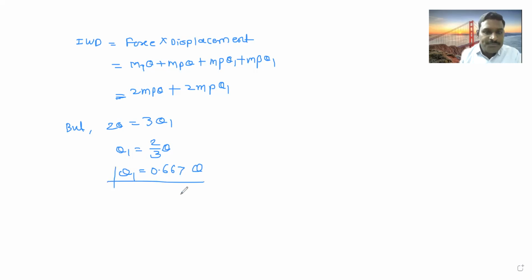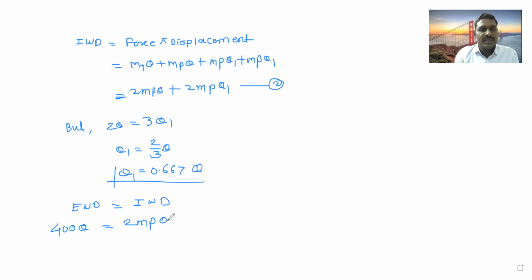Now you can put this value of theta 1 in equation 2, the equation of internal work done. Then we can calculate the internal work done in terms of theta. Now we equate external work done to internal work done. External work done is 400 theta, equal to internal work done, 2 MP theta plus 2 MP theta 1.